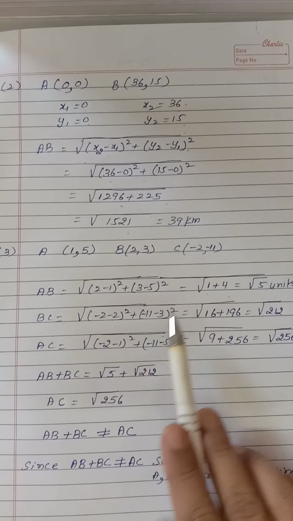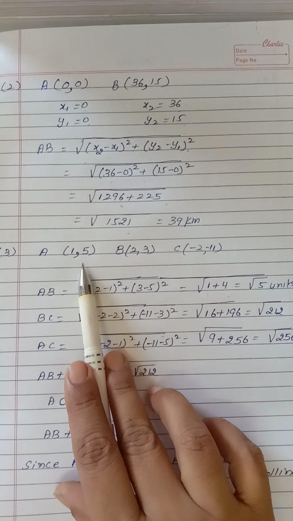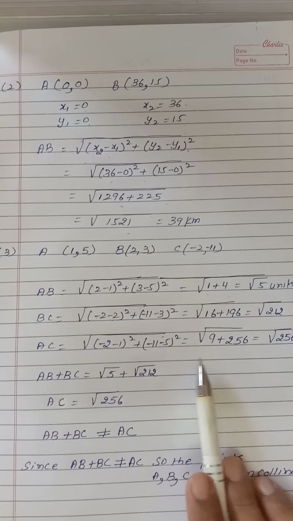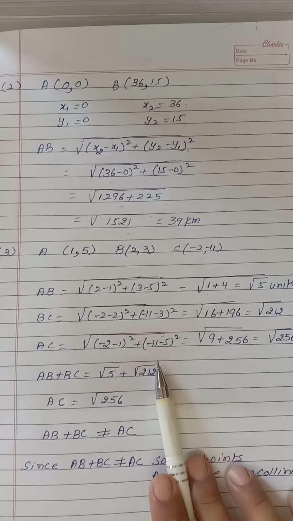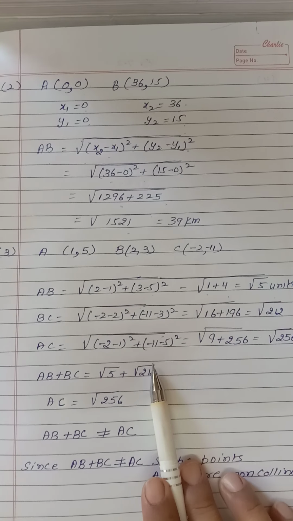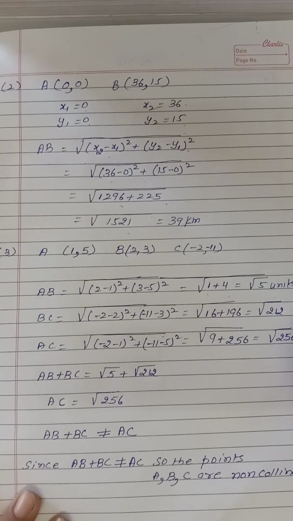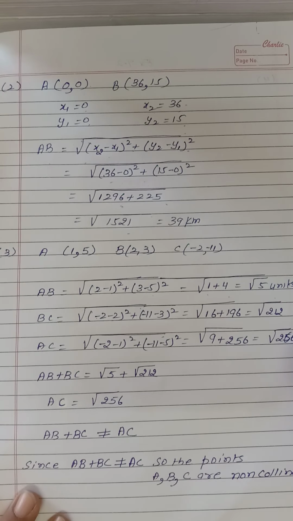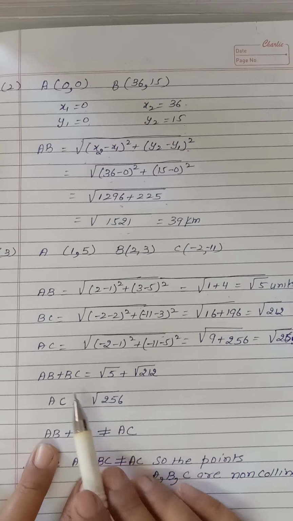AC is minus 2 minus 1 its whole square plus minus 11 minus 5 its whole square. 9 plus 256, where 256 is the square of 16. So it is equal to square root of 265. So what is AB plus BC?